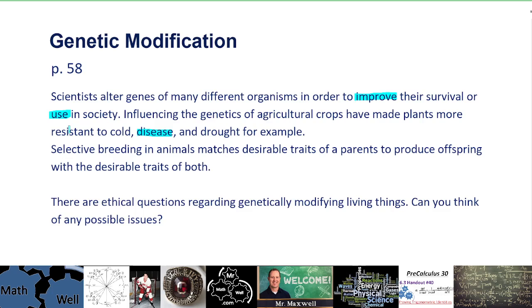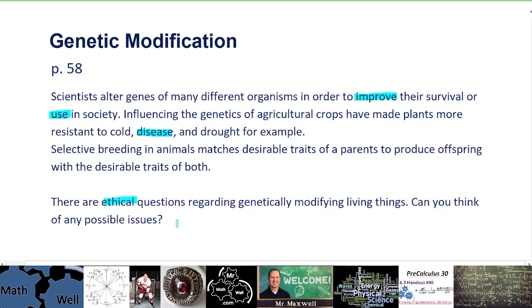So that's a way to modify the genes without actually trying to go into the cell and changing things. You can't really go into a DNA strand and pluck things out and rearrange things, but you can do this by selective breeding. So obviously there are ethical questions regarding genetically modifying living things.